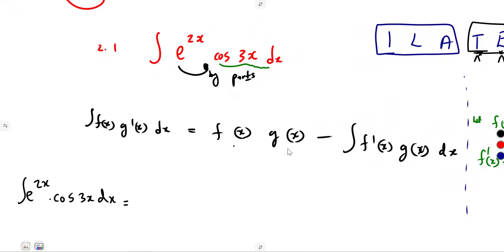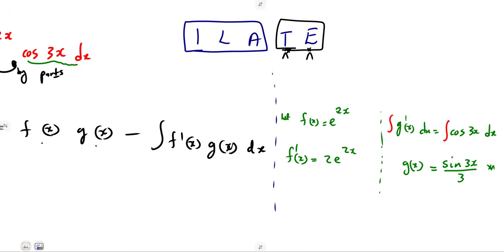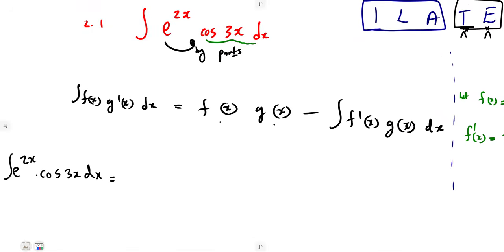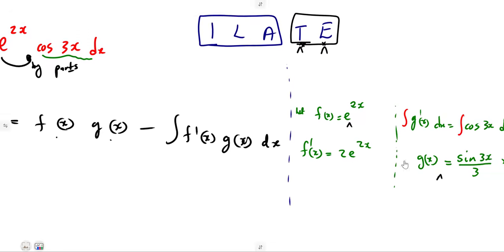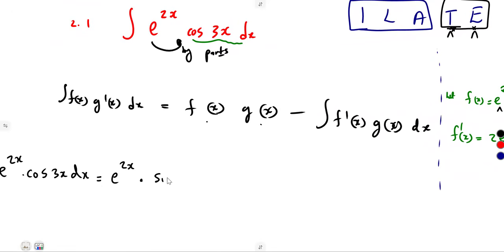So that was going to be f of x times g of x. If you multiply those two, it is going to be e to the exponent of 2x times the sine of 3x over 3.